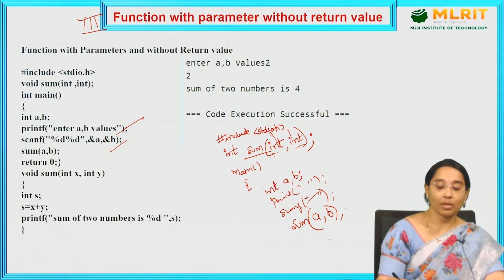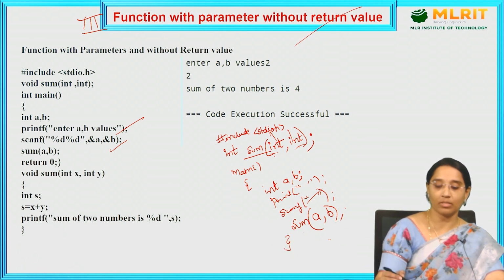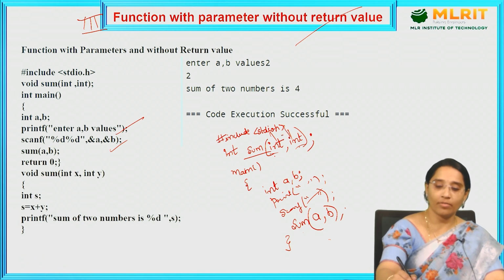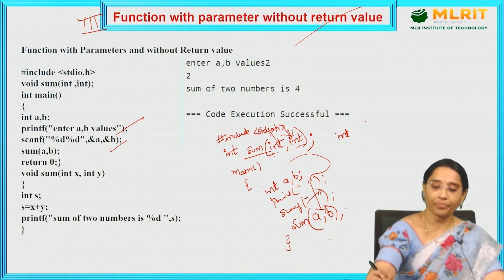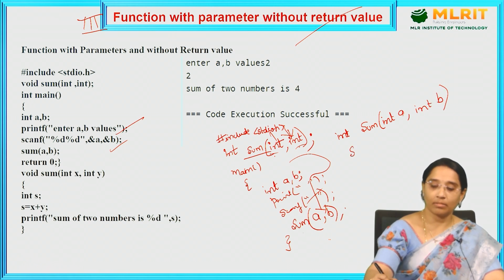After that, this category is without return value, so just simply close this one, and after that, the function definition. Now the function is declared and control will check here: sum of int a comma int b, int c is equals to a plus b.